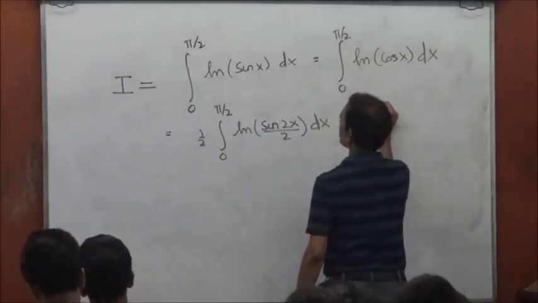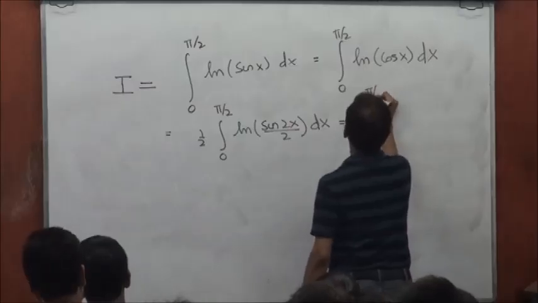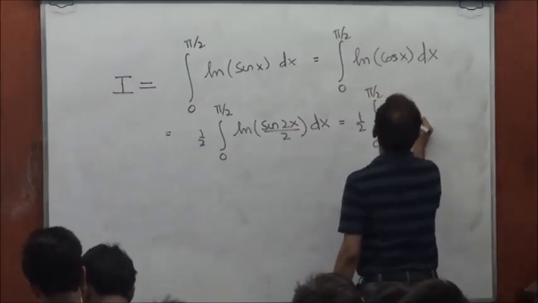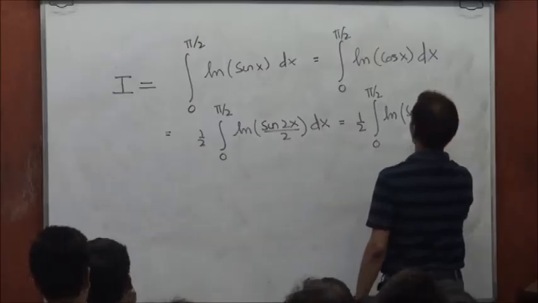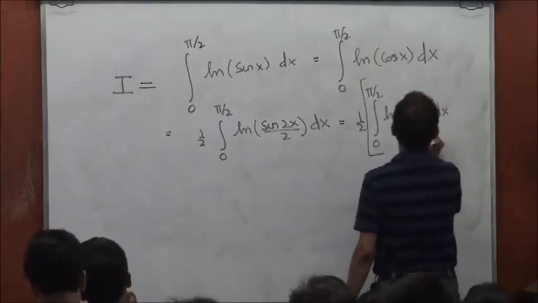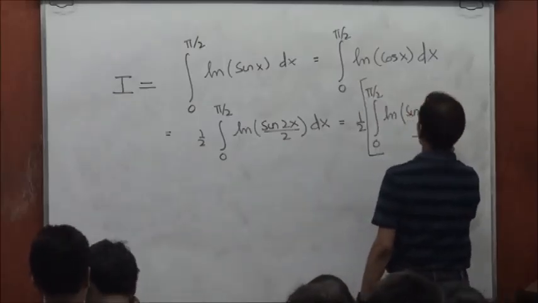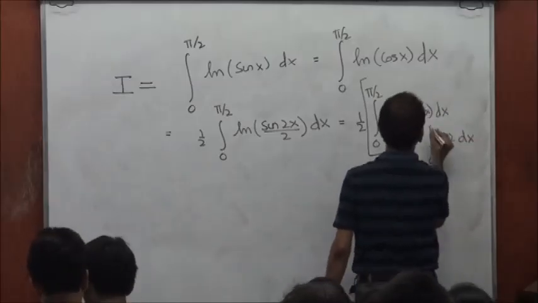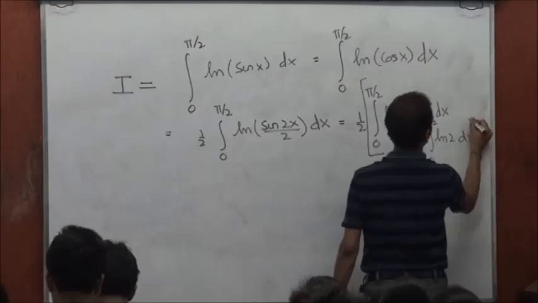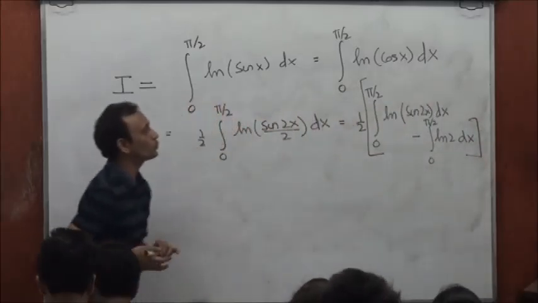Which is half of 0 to pi by 2 log sin 2x dx minus log 2 dx 0 to pi by 2. How about it? Yes or no?